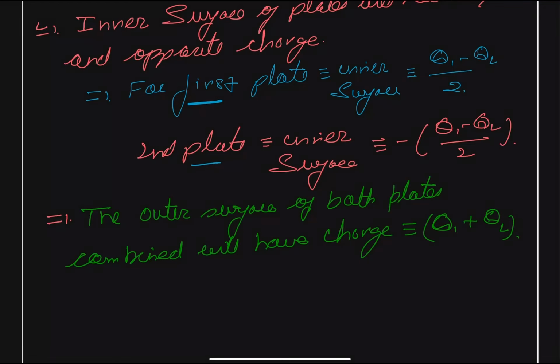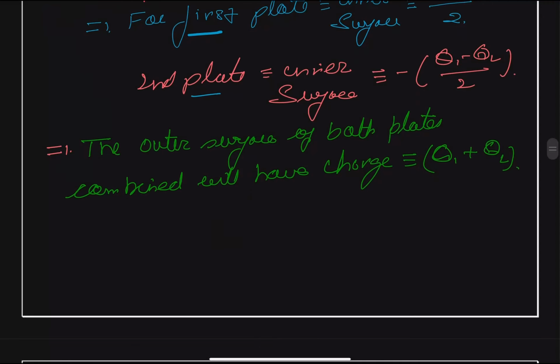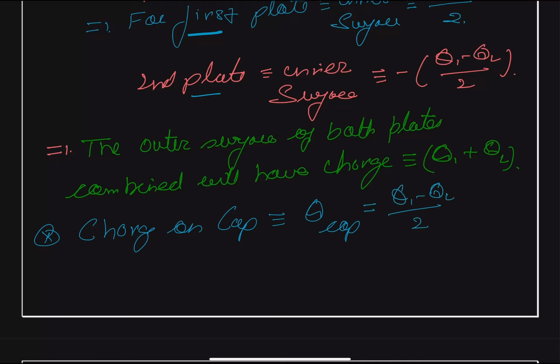Now let us find out, because in the question we are given that Q1 is greater than Q2. Therefore we can say that the charge on the capacitor, let us call this Q cap, will be equal to (Q1 minus Q2) upon 2.